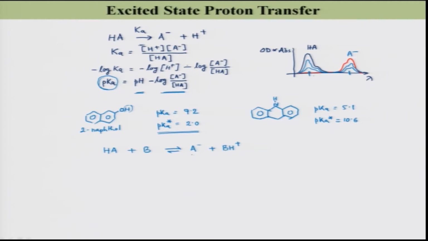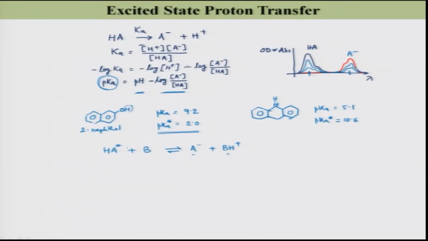Formation of this conjugate acid of the base B is not favorable in the ground state, because the pKa is very high for this HA. But once you excite this molecule HA into the excited state, immediately this takes place, leaving this molecule in the excited state.